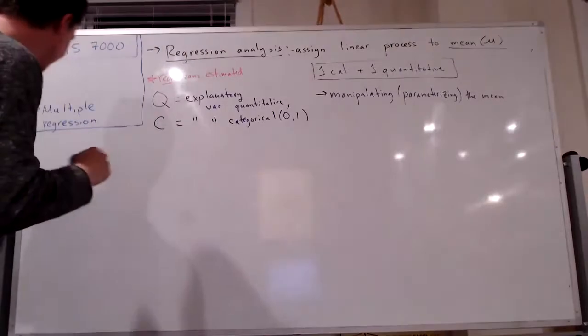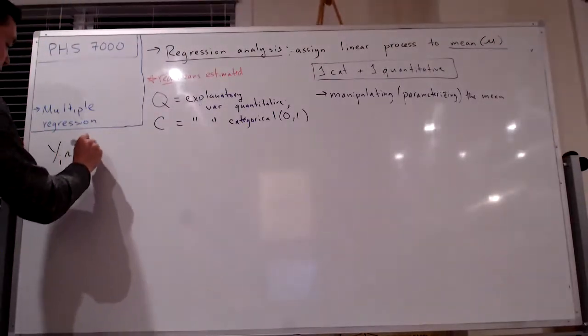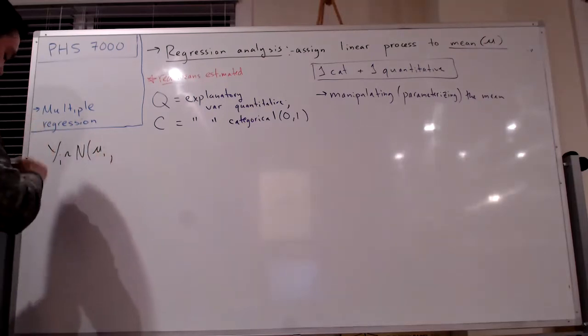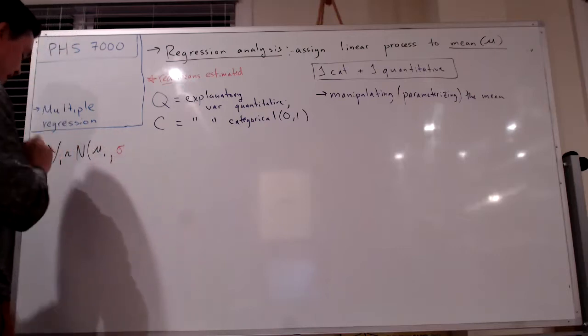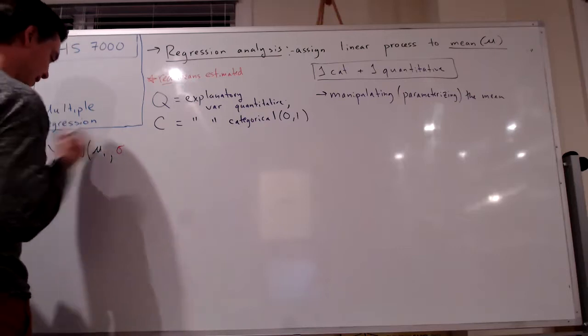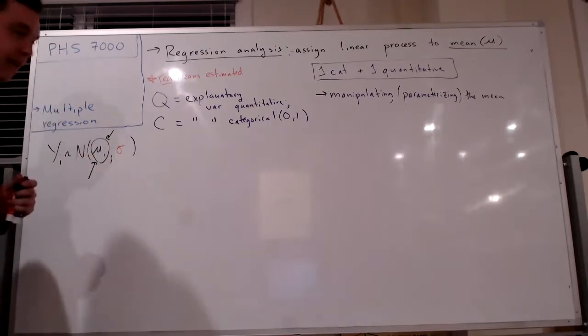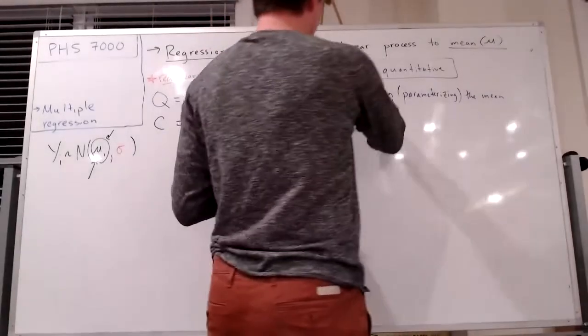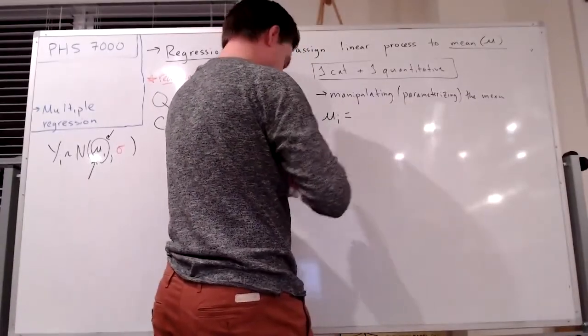So just to bring this full circle, we're still in the same world. But we're now going to have a lot more fun with this mean right there. One categorical, one quantitative. My mean is looking like this.